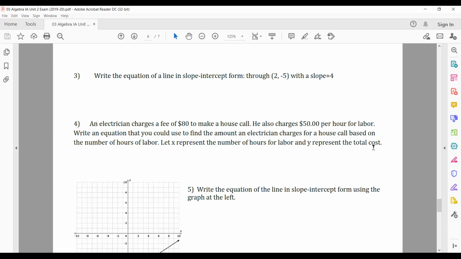It doesn't repeat. They're going to charge you $80 just to show up. So don't make these word problems more complicated than they really are, because we're still following that same format. It's all y equals mx plus b stuff.